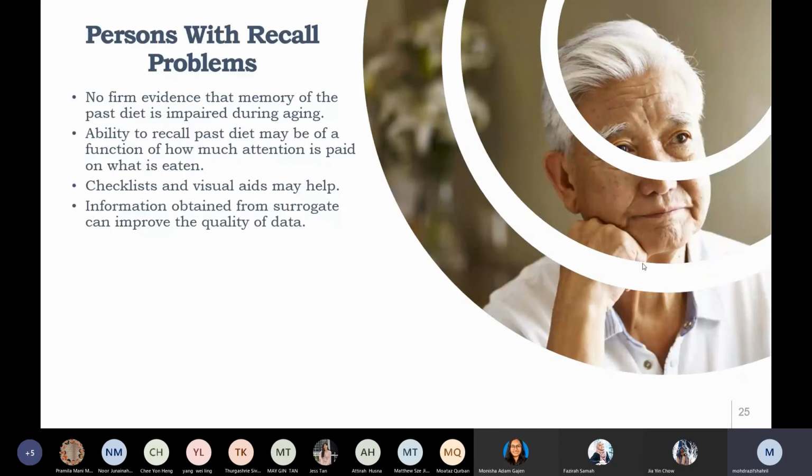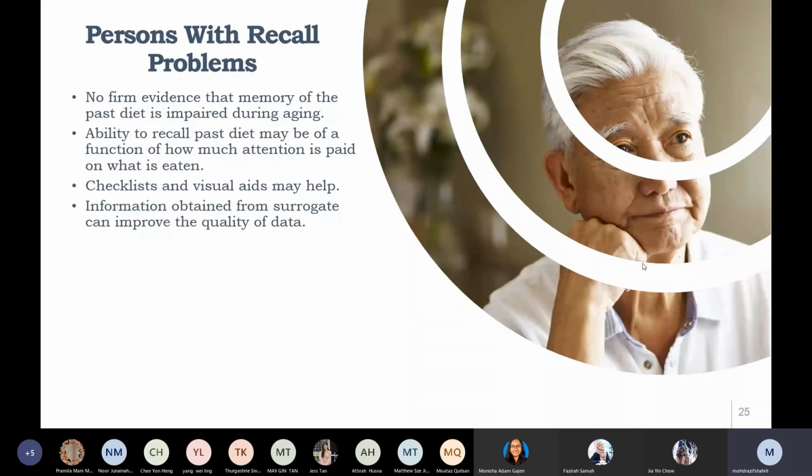With this group of people, a checklist and visual aids may help. I know in clinical settings, we use a lot of checklists, especially when we want to gauge information on sodium, fat, or certain types of nutrients that are a concern among the patient.